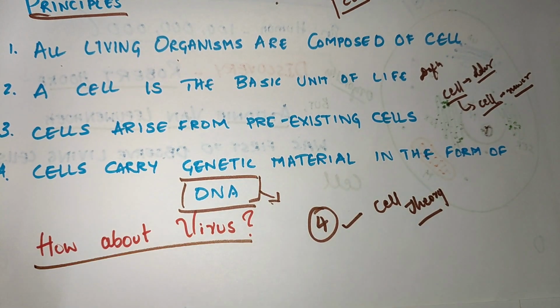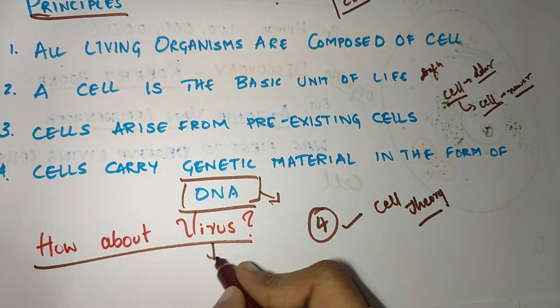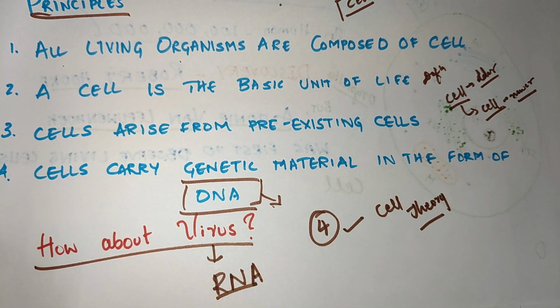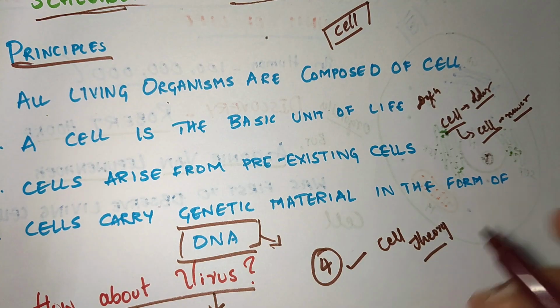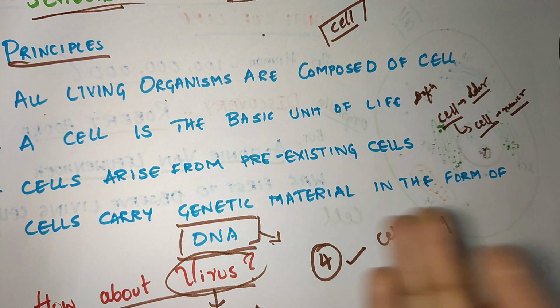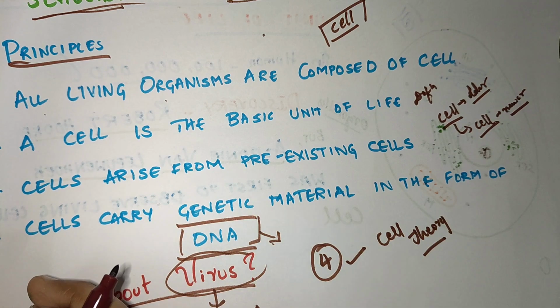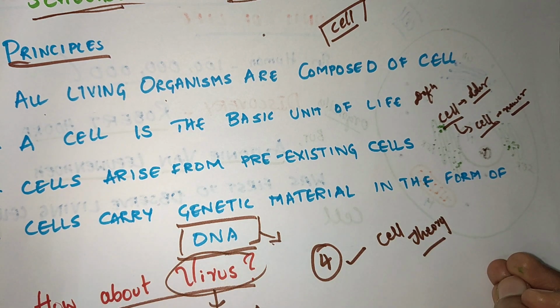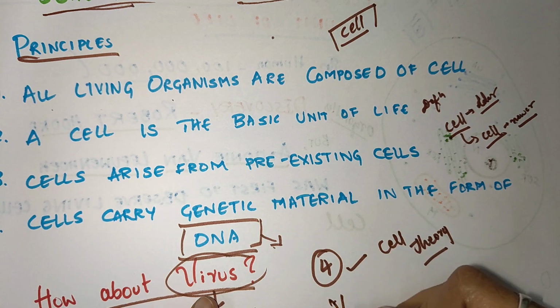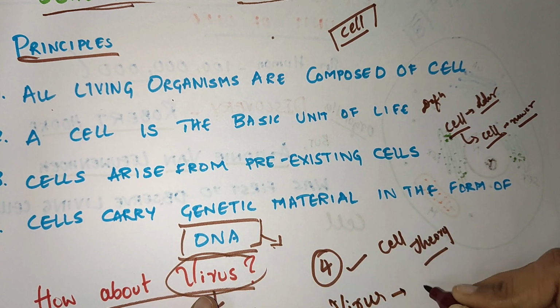So how about virus, guys? Because we all know in virus, RNA is the genetic material. And we can't call virus living also. It is actually a connecting link between the non-living and living organism, right? Because virus is only living when it is in where?